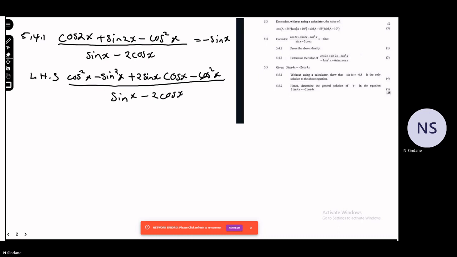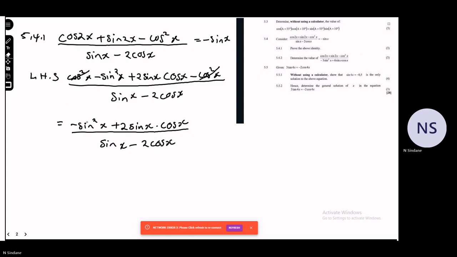Right? So I can clearly see that this one and this one, they will cancel. Then I'll be left with negative sine squared of x, plus 2 sine of x multiply cos of x, all over sine of x minus 2 cos of x.